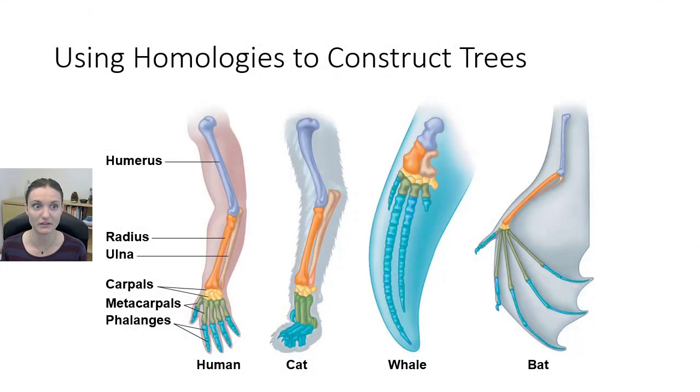We also used the example of the forelimb of many mammals, or even tetrapods in general, which have the same basic structure: humerus, radius, ulna, carpals, metacarpals, phalanges. But natural selection has altered and tinkered with these bones based on the pressures of that environment. For example, our hands are not very effective limbs for swimming.